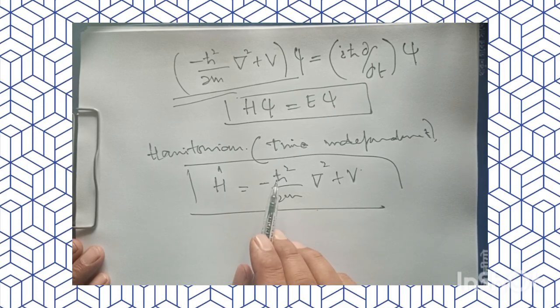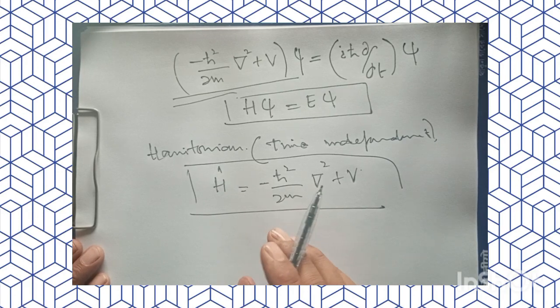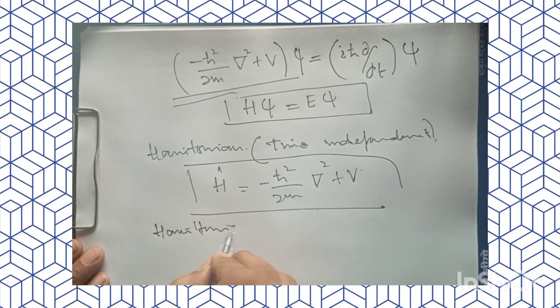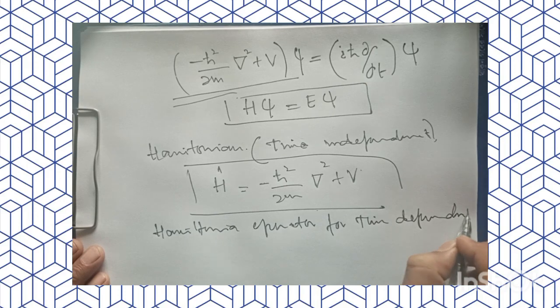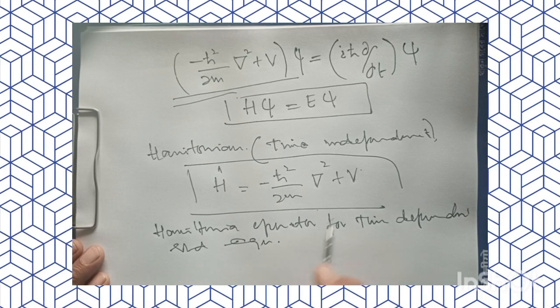And if I have to write down the operator for the time dependent Schrodinger's equation, that is going to be E cap, or you can call it the energy operator, and that's going to be i h cross dou by dou t.